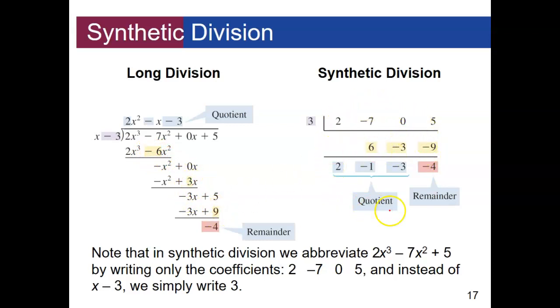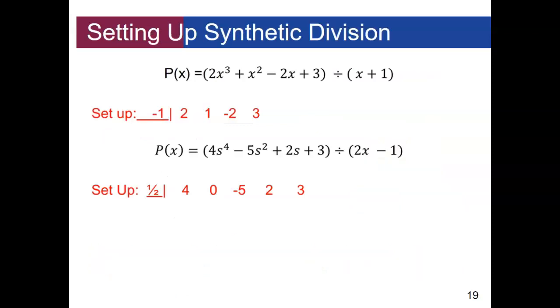So it's just a little bit more condensed way to do that, and most people do like synthetic division better. The limitation is that it doesn't always work. So you can't just choose to do everything by synthetic division. You can do a lot of things by synthetic division, but some things you're still going to have to do by long division.